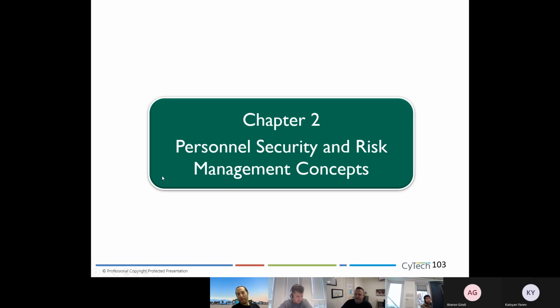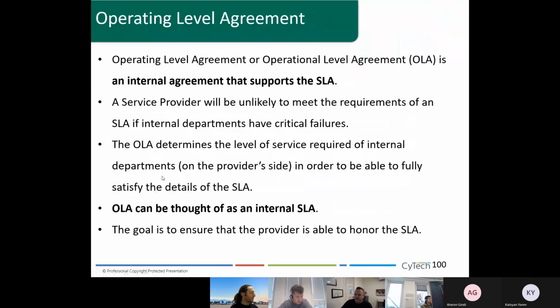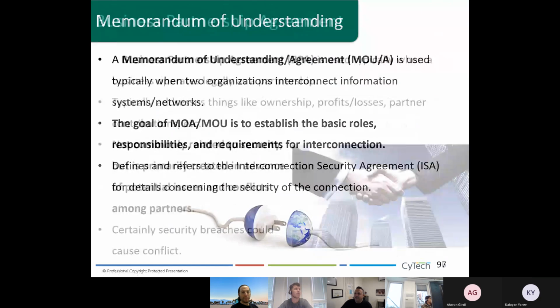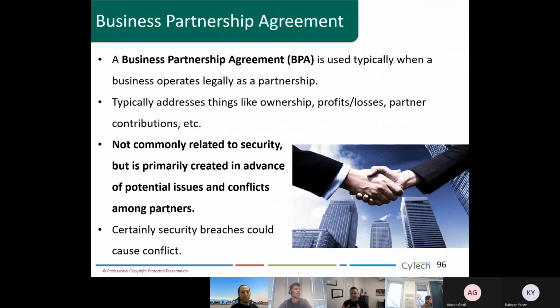Which agreement are we talking about? Right. So you're asking what type of agreement the businesses will have between them to cover this type of incident. Yes. This will be the business partnership agreement, the BPA.